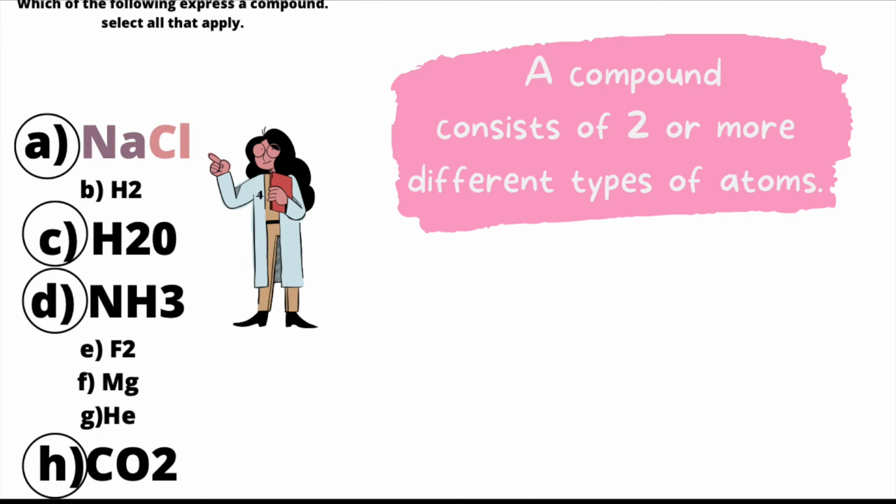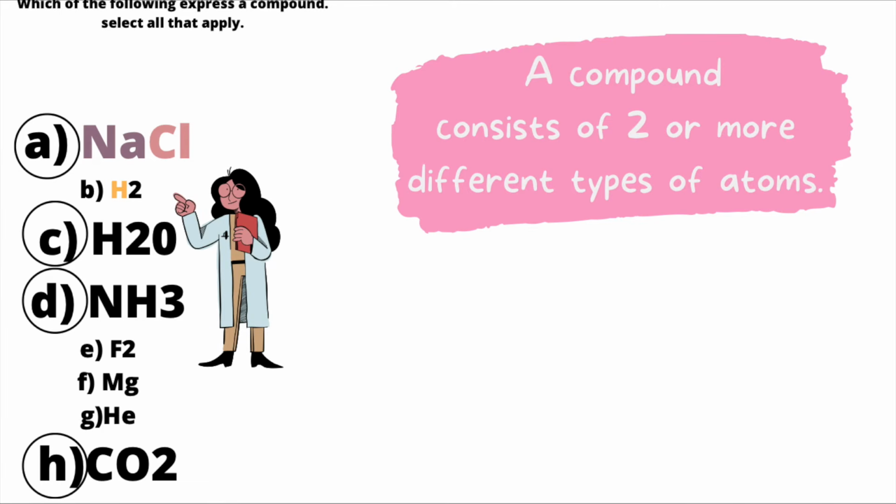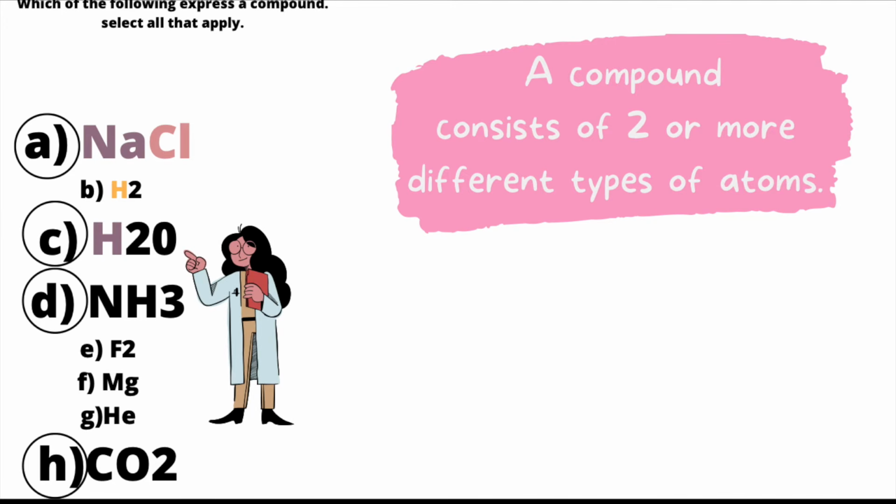So two types of atoms together create a compound. H2: H is one type of atom, and so this is not a compound because it's only one type. H2O: we have hydrogen, that's one type of atom. Oxygen, that's another type of atom. So two types of atoms put together, this is a compound.